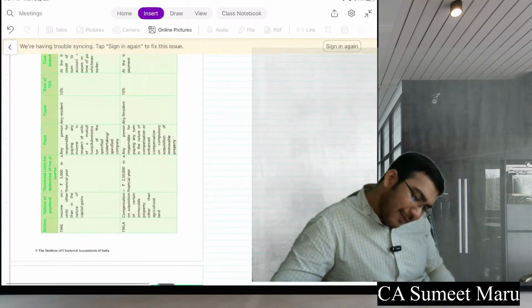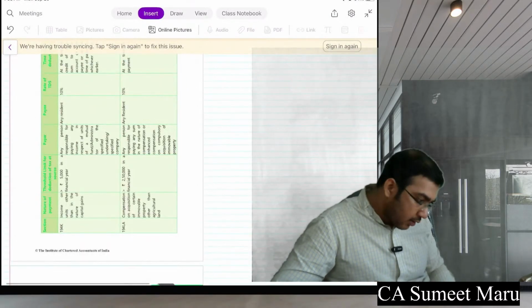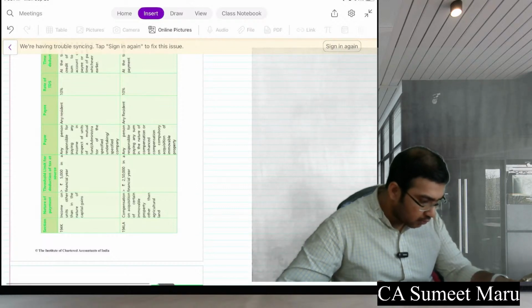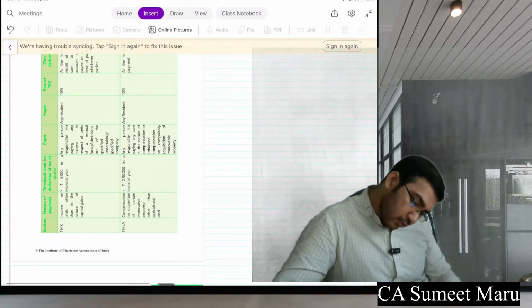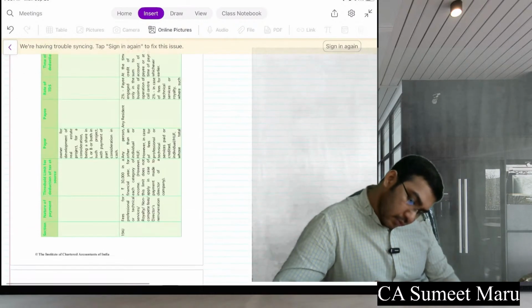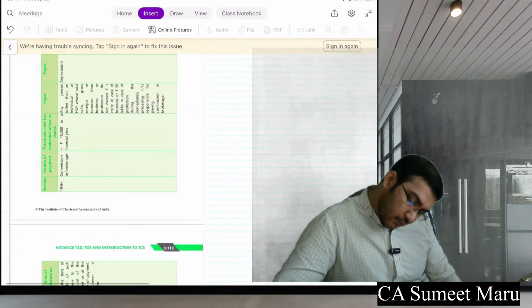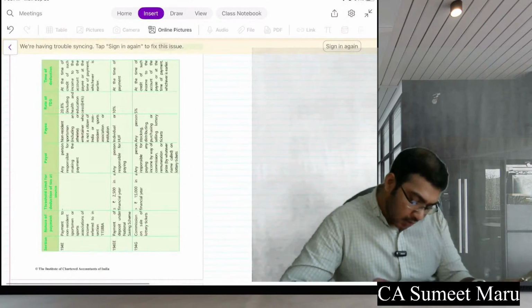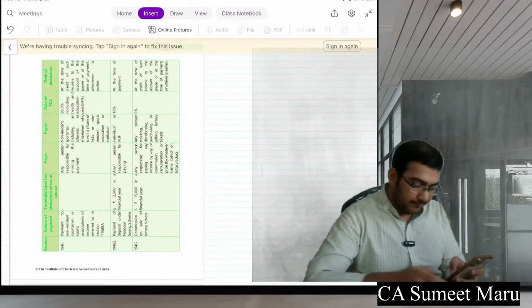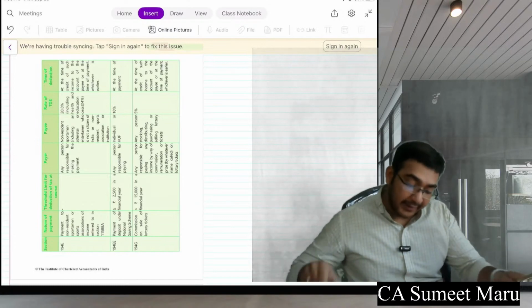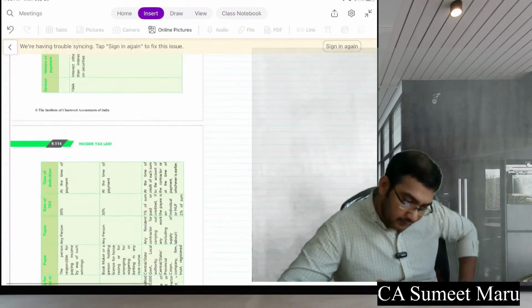No, 194R is not applicable for your attempt mostly. Let me see when 194R came. Oh, it is there. It's in Budget 22.